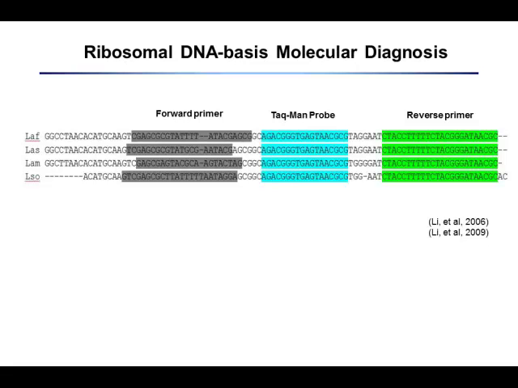sequencing, the primer based on solanacearum for detection. In this ribosomal-based detection, he chose the region where the reverse primer and the sequence are all the same, shared in common. The TaqMan probe is also the same for all four.